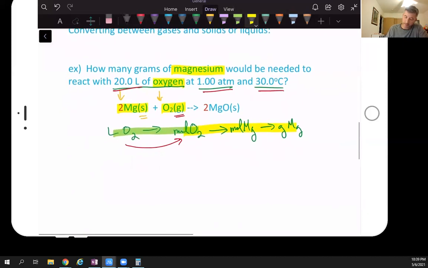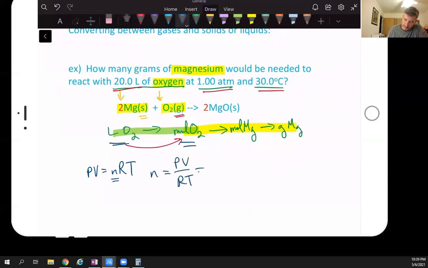I'm going to use the ideal gas law first. So we're looking to go from liters of oxygen to moles of oxygen. So I'm trying to solve for moles of oxygen. So I take PV equals nRT, right? And of course, n is moles. So to get n by itself, I would rearrange and I would get n equals PV over RT.